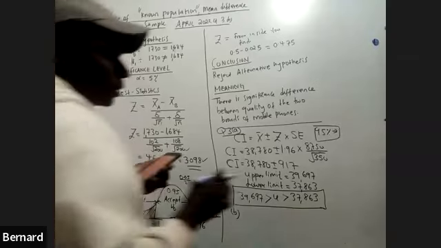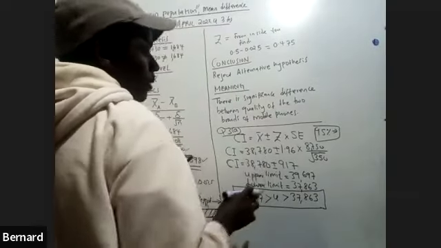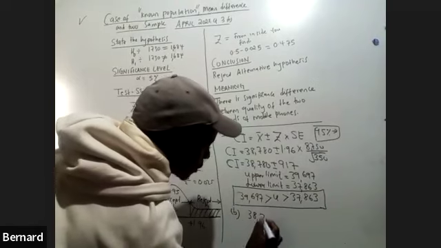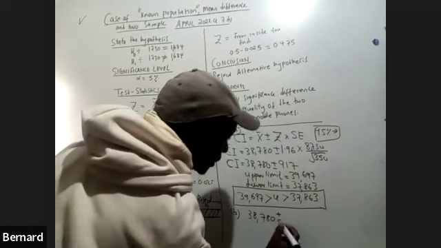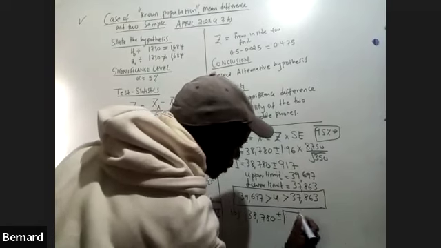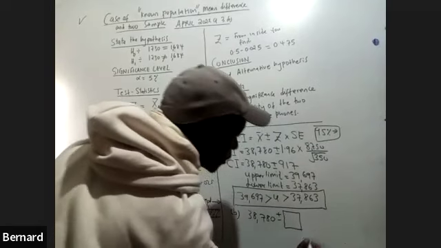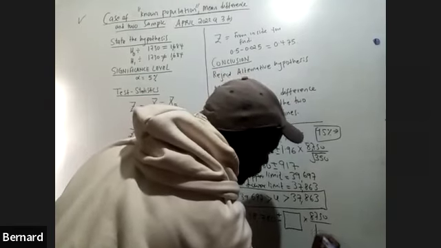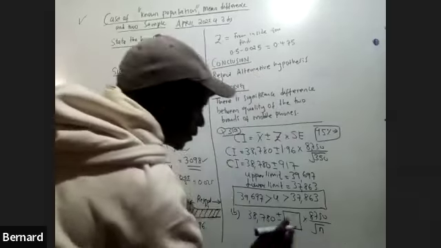In short, it remains the same: 38,780 plus or minus, but this changes because of the 99%, times 8750 over, and you need to find n.